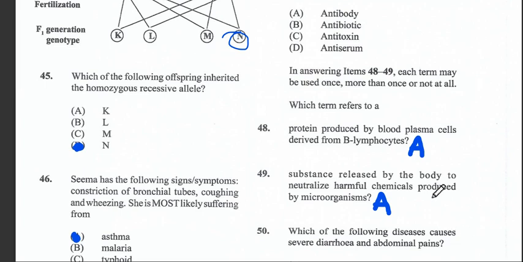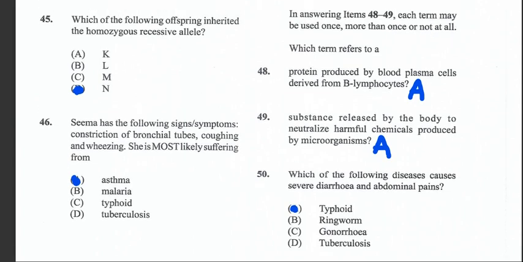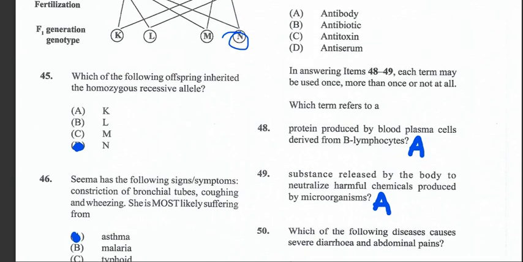Alright, but let me just go ahead and look, because these are a little bit tricky. Let me explain something for you guys. We have the antibiotic and we have the antibody, and we are talking about a substance released by the body to neutralize chemical produced by microorganisms.